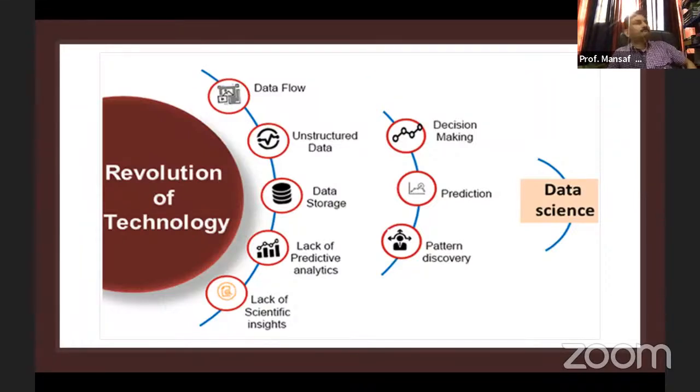Data flow, unstructured data, data storage, technology for data storage, lack of predictive analytics, and lack of scientific insight. Then came forward decision making, predictions, pattern recovery, and all that gave birth to data science, so that we can perform all these activities in the field of data science.